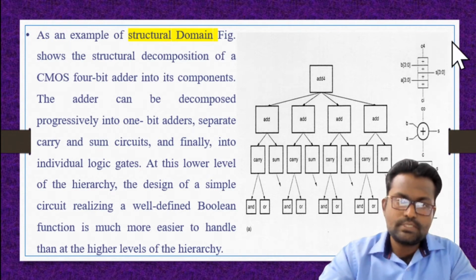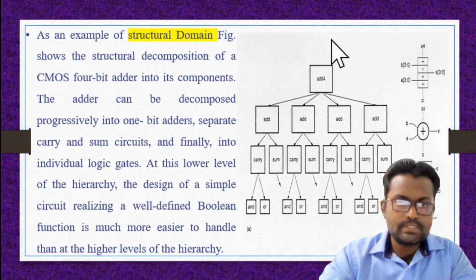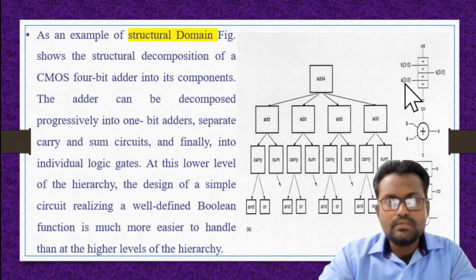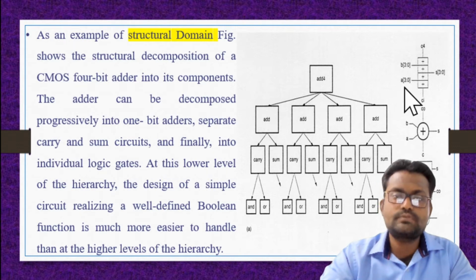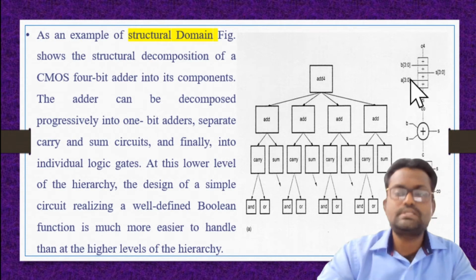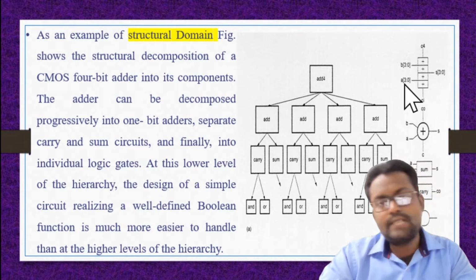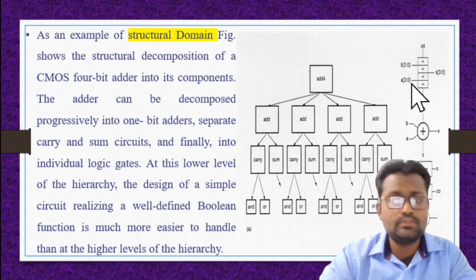Here this representation is used to represent each position. Suppose the 4-bit adder is present; to represent this 4-bit adder we use this type of symbol. Here a3 colon 0 represents the input representation, the representation that we use in VHDL programs. It represents that the input is 4-bit, from a0 to a3.